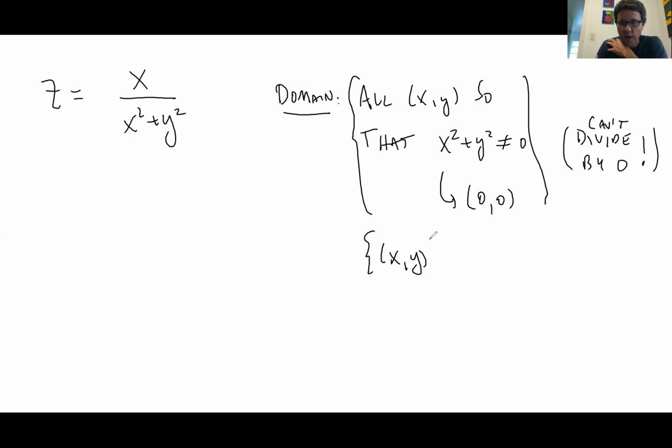All the x and y, and you probably have seen this before, but that bar means such that, x squared plus y squared is not 0. You could write it like that. You could write it as the set of x, y not equal to 0, 0.